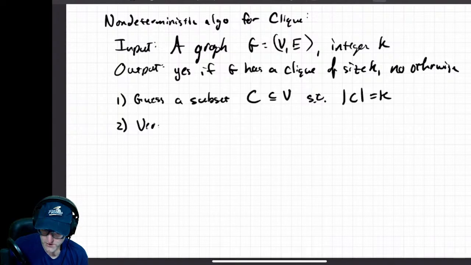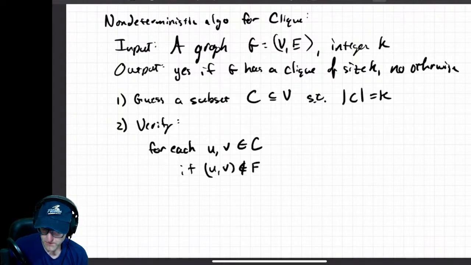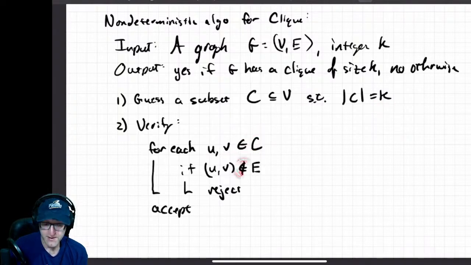For each pair, u and v, in that subset, I'm not looking at all vertices now, I'm only looking at this supposed clique here. If (u, v) is not in the edge set, then reject. Otherwise, at the end, we accept. Because we found a subset of size k such that all the vertices are connected by an edge in the edge set. And so we end up accepting.